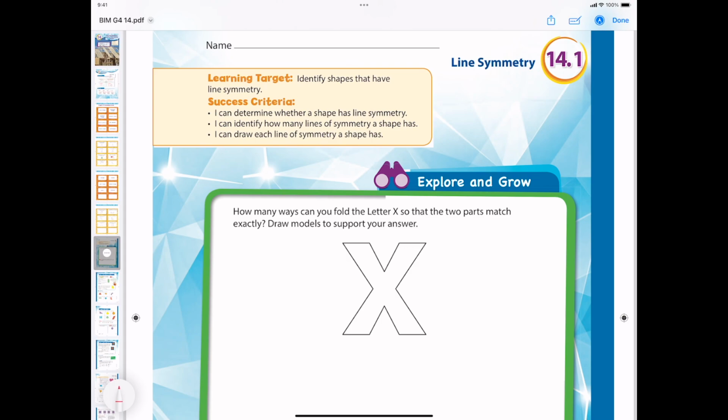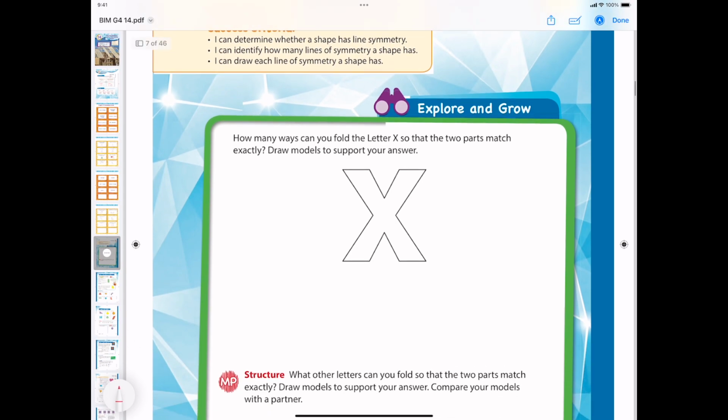So it's going to be another easy lesson, continued from 3rd grade. It's not something new for you. So let's go ahead. How many ways can you fold the letter X so that the 2 parts match exactly? That means 2 parts match exactly. That's lines of symmetry.